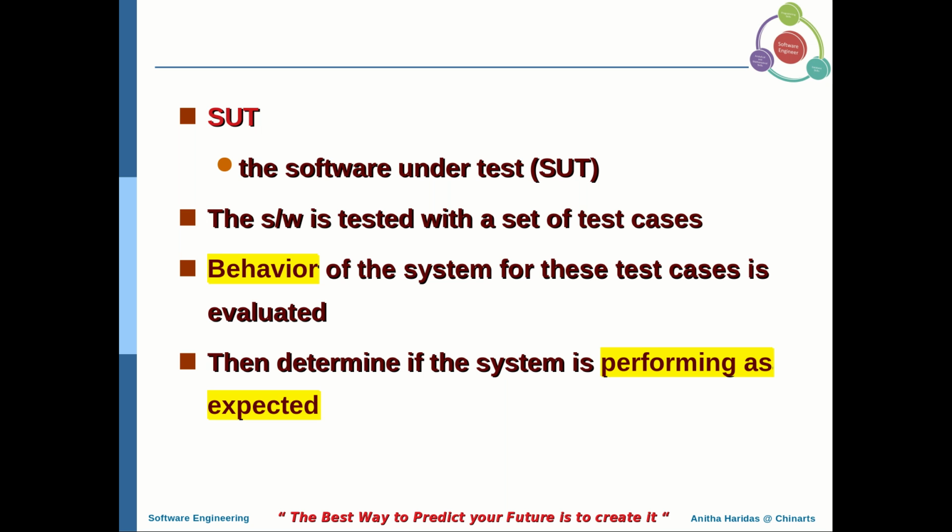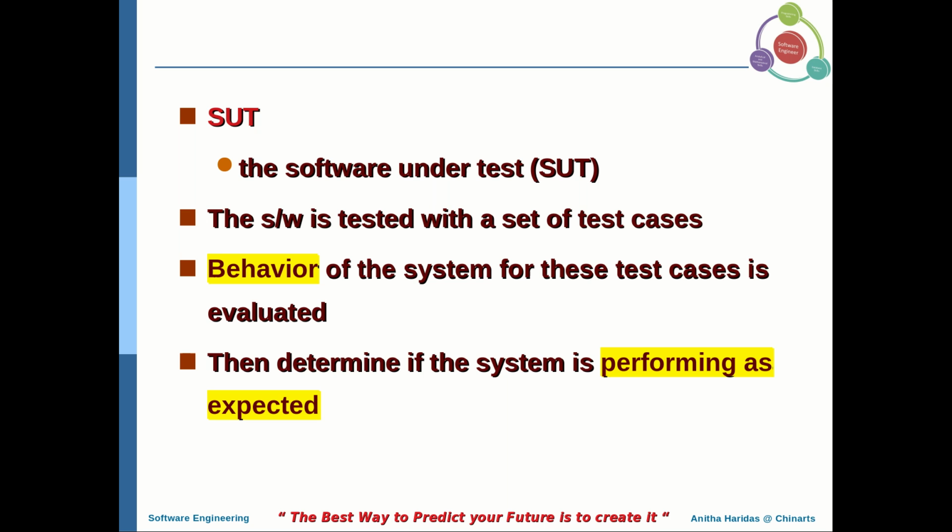So if it is taking you to the next page, then you say the system is performing as expected. Or on the other hand, what do you do? In the login form, you try to give the correct username but a wrong password. When you click the login button, what happens? That is what you call the behavior of the system.